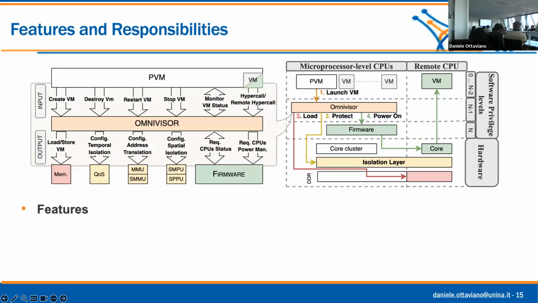Well, of course, this is just an example, but the Omnivisor has a set of features that it can offer to the virtual machine. Specifically, the interface to the PVM, so the privileged virtual machine, to give you the possibility to create, destroy, stop, and restart virtual machines.